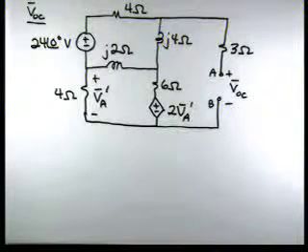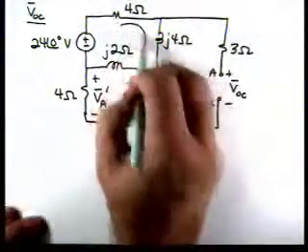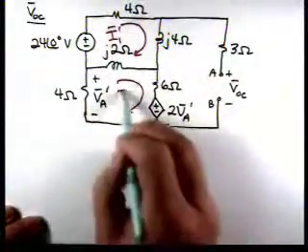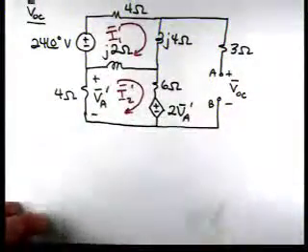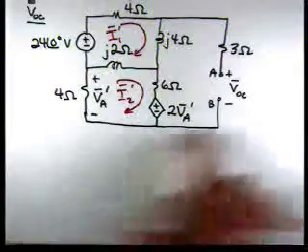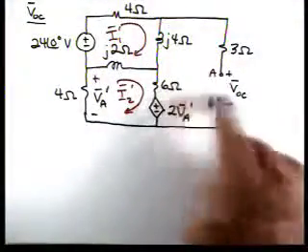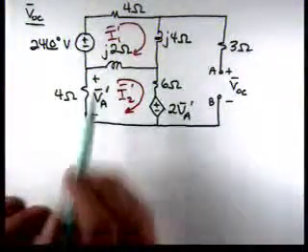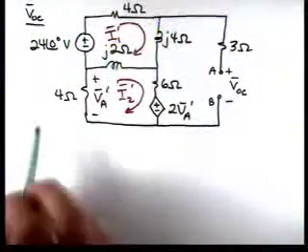Now, it'll probably be easiest here to use mesh analysis, so let's define mesh currents. Once we have the currents, then we can apply KVL around this loop to find that voltage. So let's start with the mesh on the top.